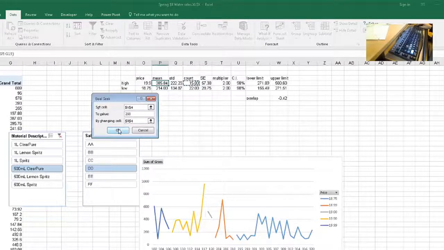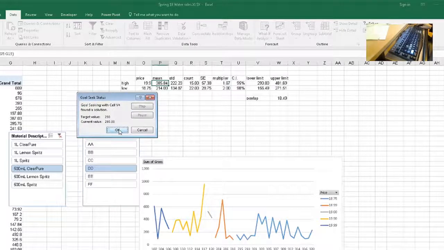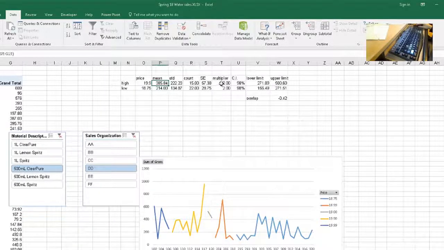See if it lets me do that. Since that's a formula, it won't let me do that, but I can change my multiplier. So it goes to 1.67 versus 2. But that's still at 1.67 or 1.7, that's still a very high confidence interval. So that's something you can do.